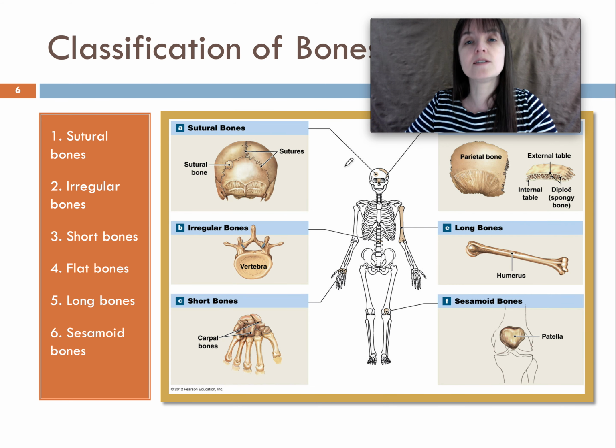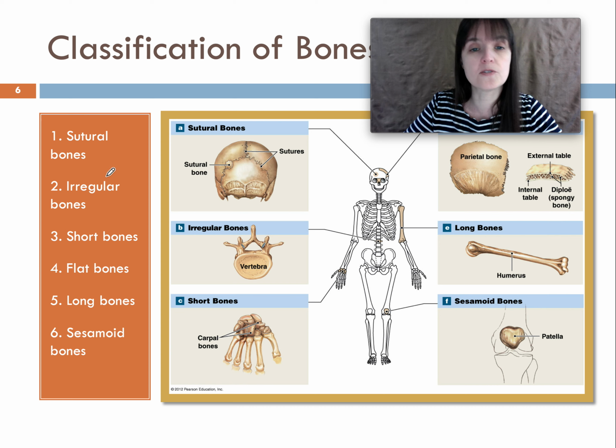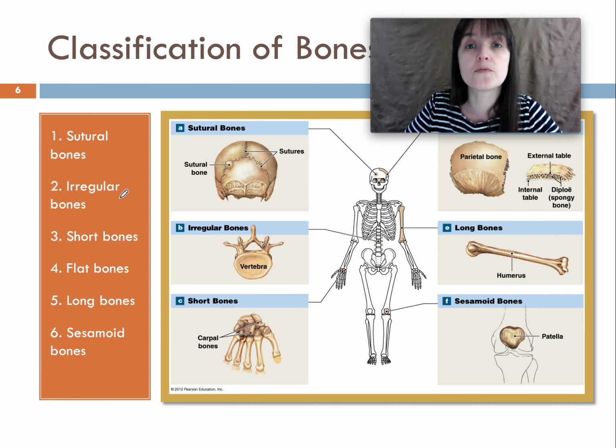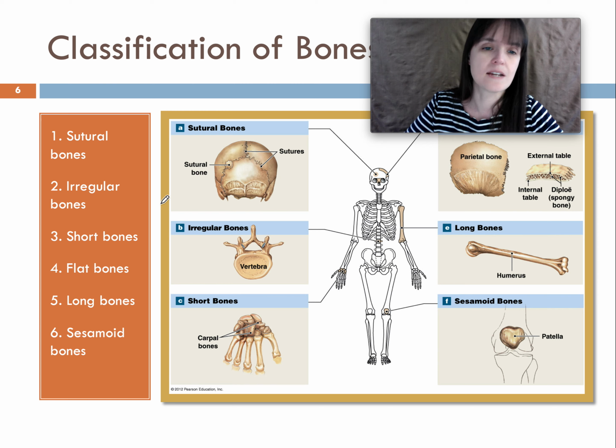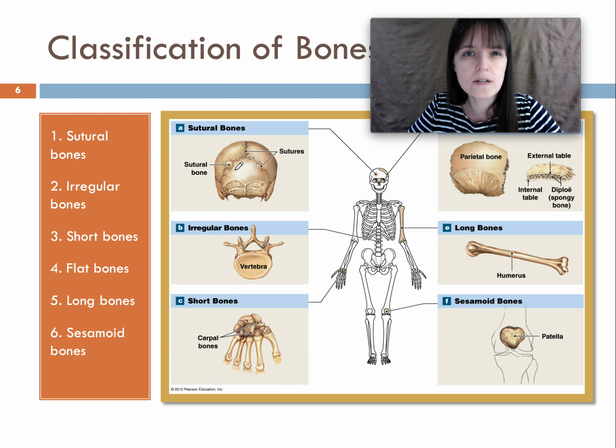All right, so there are different types of bones. Number 1 are the sutural bones. They used to be called Wormian bones, so if you have an older book, Wormian is now sutural. We learned the sutures in lab, and these are little extra islands of bone that sometimes grow in the sutures.